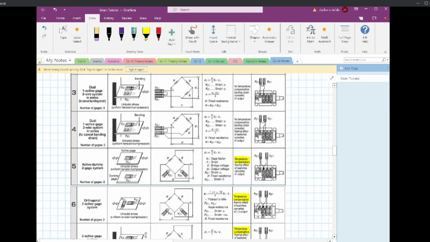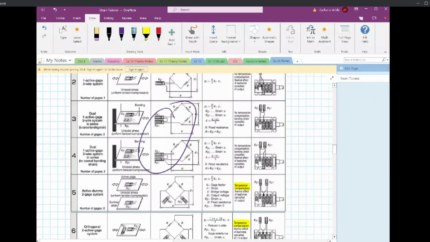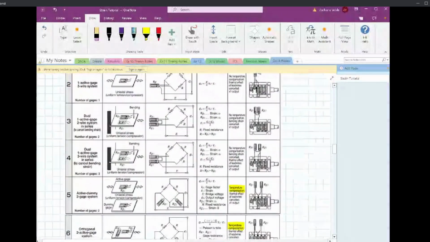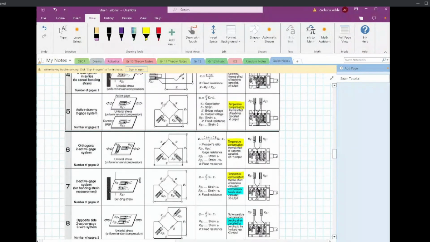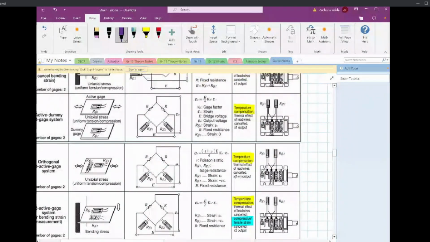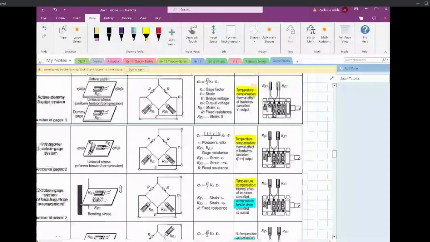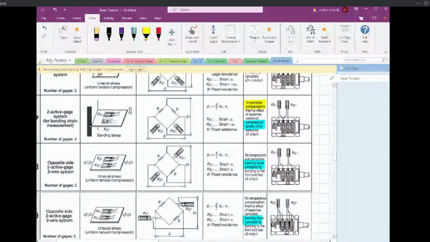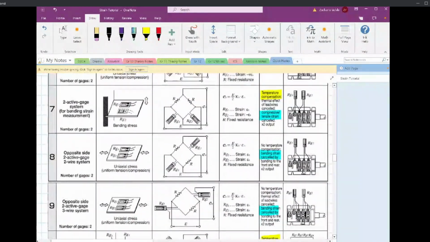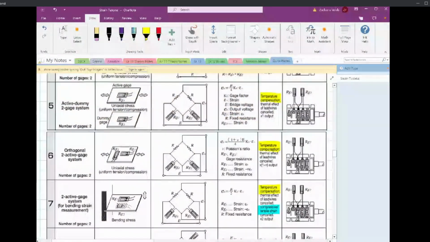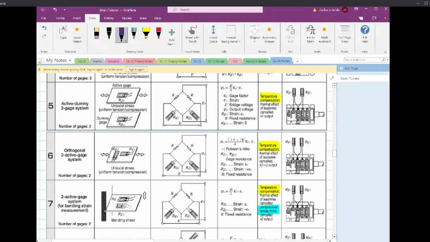Yeah, I don't tend to use these types of configurations. More so these, so these have temperature compensation. You have your strain gauges on 2 sides of the bridge. These are half bridges. These ones, also it matters, like the configuration, like we were saying, which direction the strain gauge is being loaded.